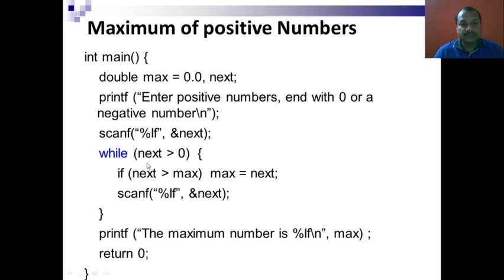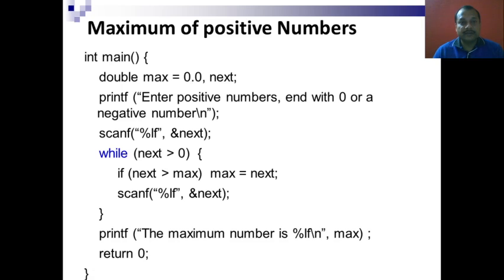Since I am reading from the input into ampersand next, and supplying 1 to 9, this condition, if next greater than max, will always be false, because I assumed max equals 10.